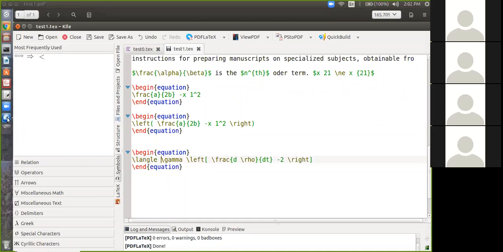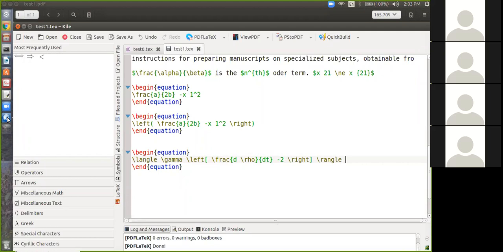It will give you angular bracket, and you need to close it, slash rangle. It may look difficult to keep remembering all these commands, but I assure you, once you are habituated, you will be fine with this. Okay, so left and right.